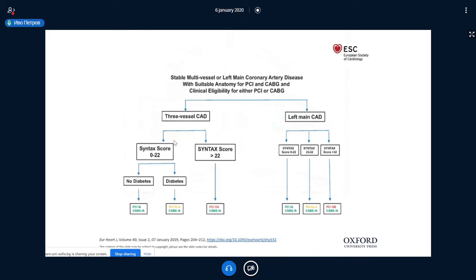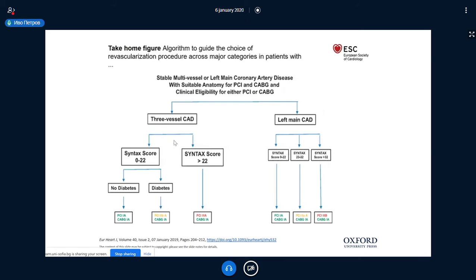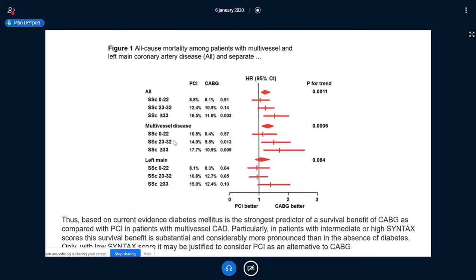So having in mind this situation, and also the anatomical problems that we have in the coronary arteries, we can decide whether the patient is going for percutaneous or for surgical intervention.